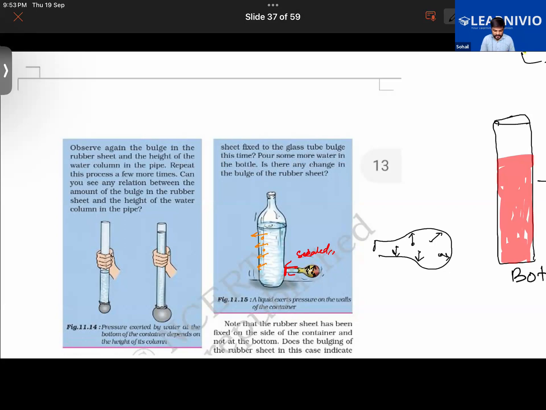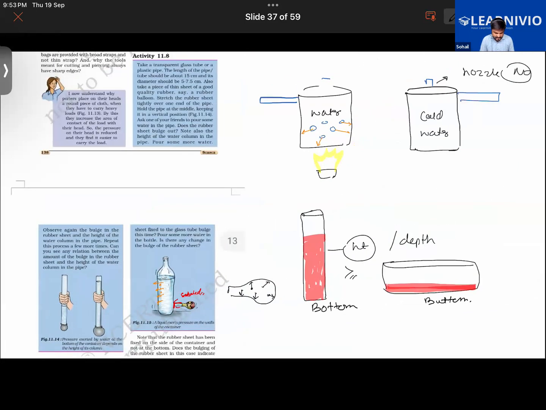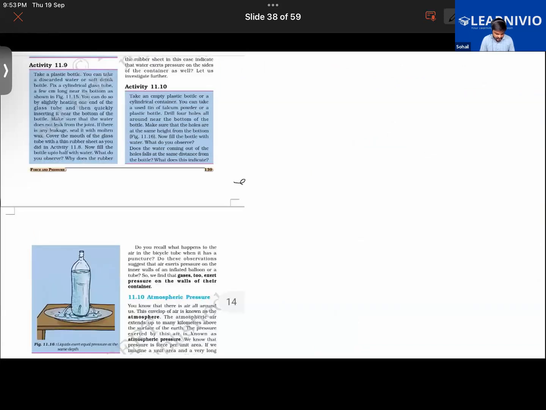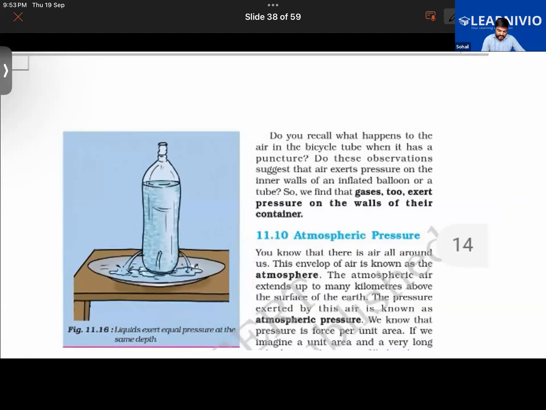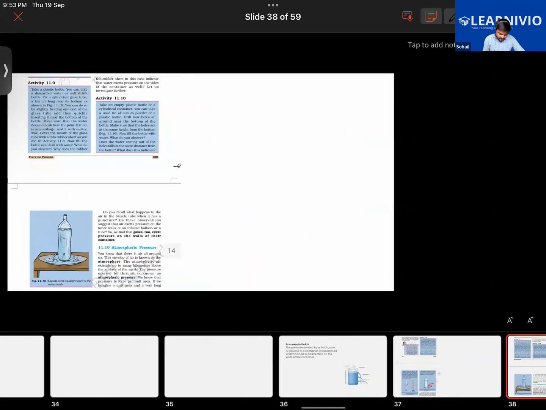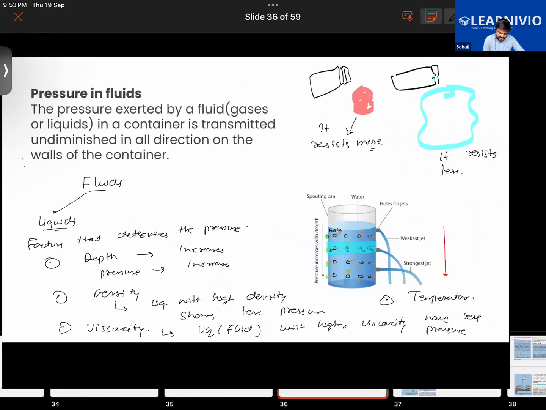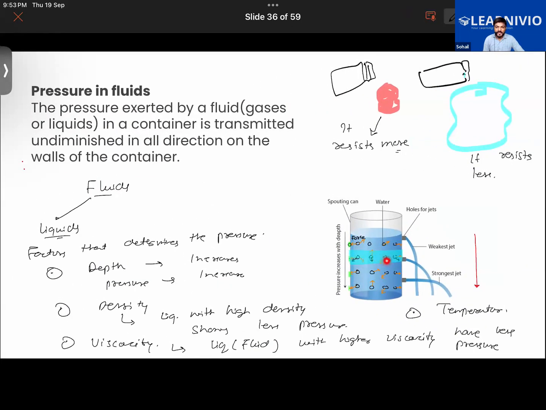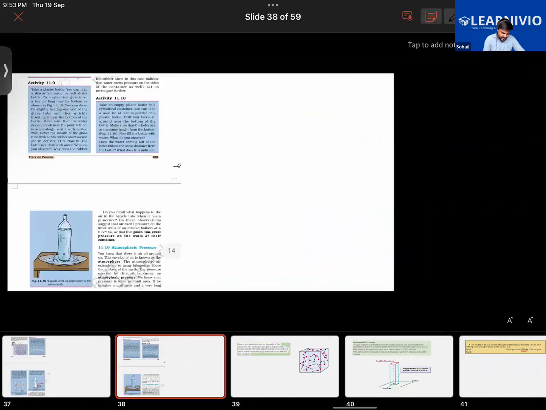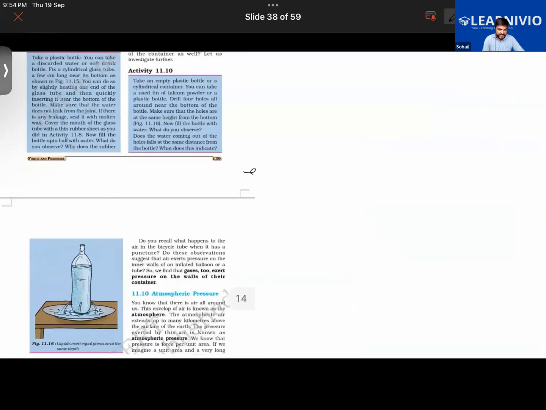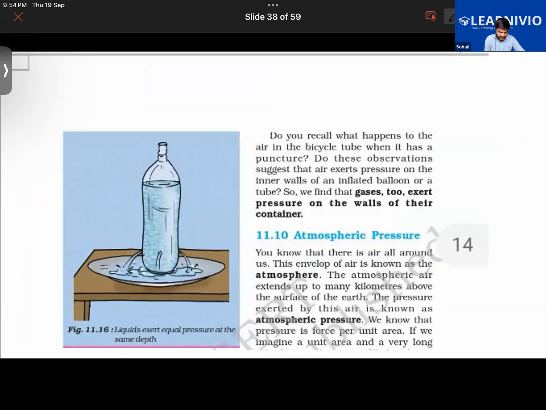So these are the activities given in the NCERT. Furthermore, as I said in the beginning, at the same depth, liquid exerts an equal amount of pressure. So we have taken another bottle and made holes in it at the same depth, let us say at a depth of 2 centimeters.